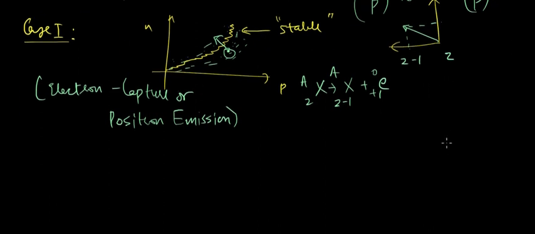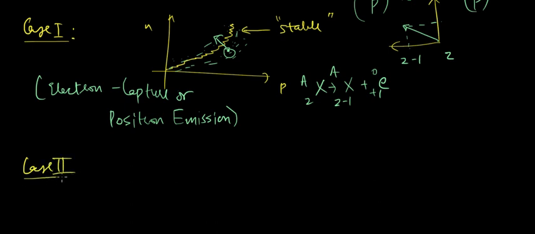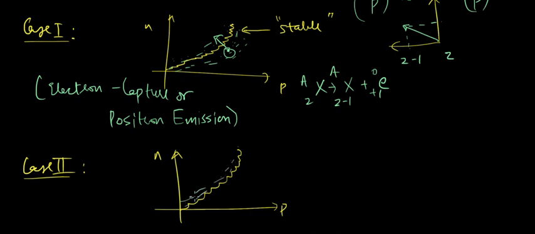Okay, now let us discuss case 2. Again we draw the same graph between n and p. This is the curve or band of stability, and many other atoms would have graphs approaching this band of stability.